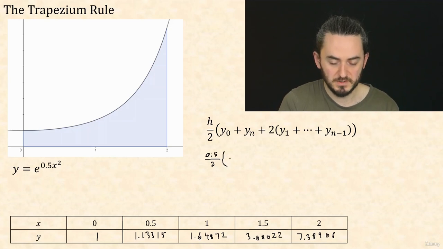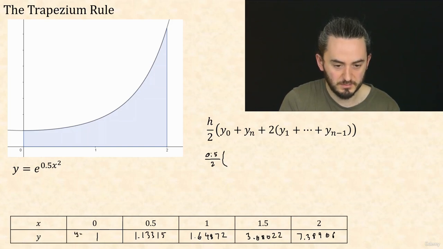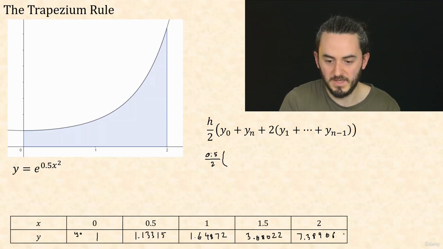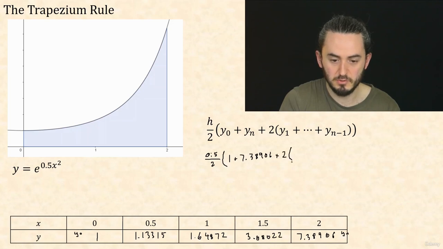So now I know all of these, I can just drop them in. In terms of what we mean by the y0 and so on, the y0 is the first term here, y1, y2, y3, and then yn at the end. So this last one is yn. So it's the first one plus the last one, plus 2 of everything else.